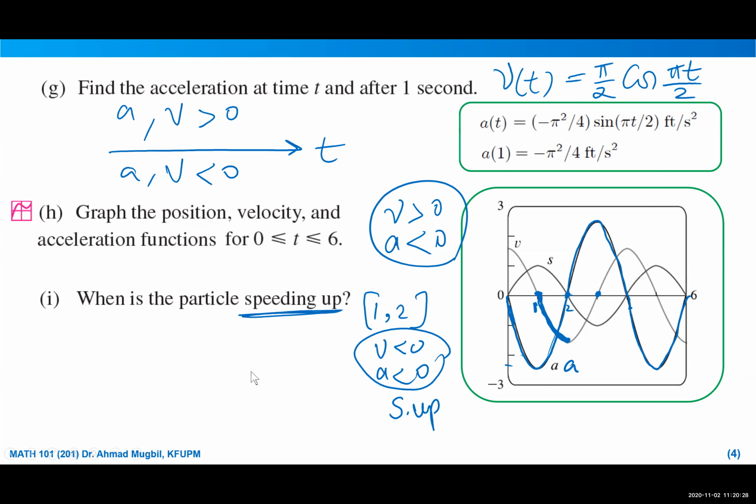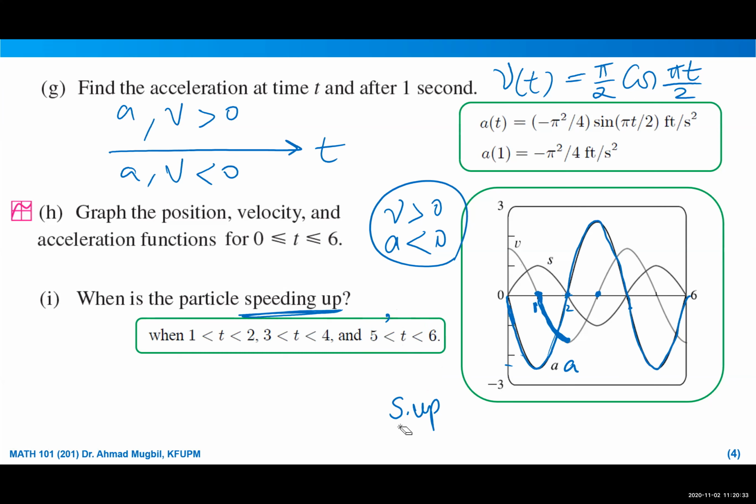So, guys, to know where the particle is speeding up or slowing down, you can do it in two ways. Of course, if you have the graphs of the velocity and the acceleration, it will be so easy. But if you don't, you can solve them. You can look at example number 1 in my slides.